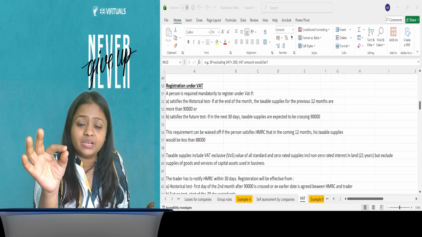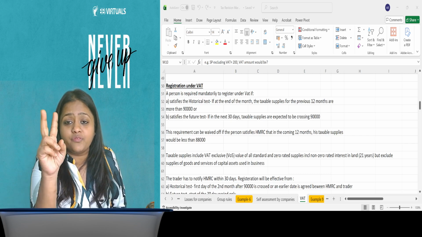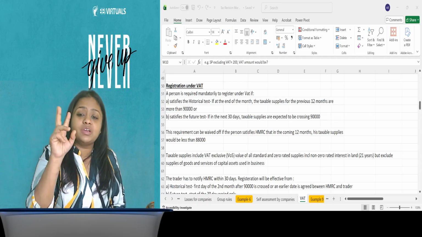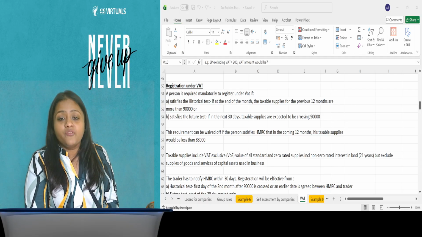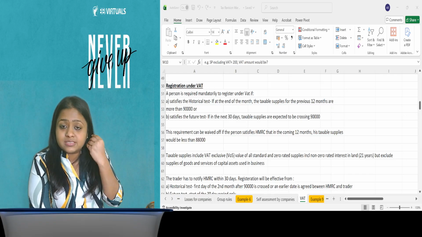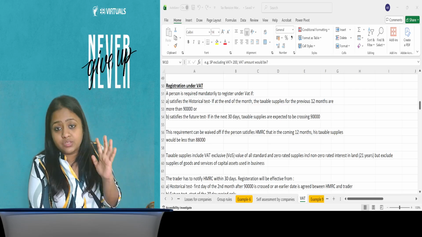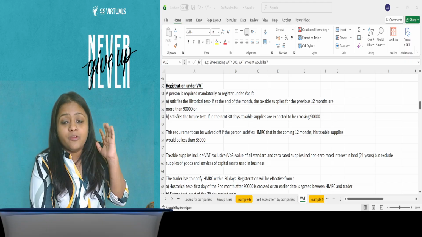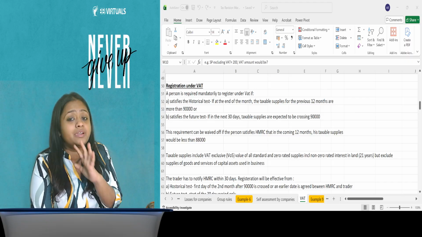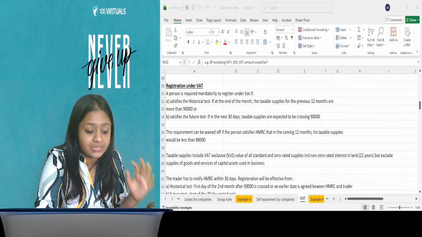The effective date of registration is the first day of the second month. For the taxpayer, that means his invoicing and everything should start from the first day of the second month. From that day, he has to start doing the invoicing properly on the VAT invoice.